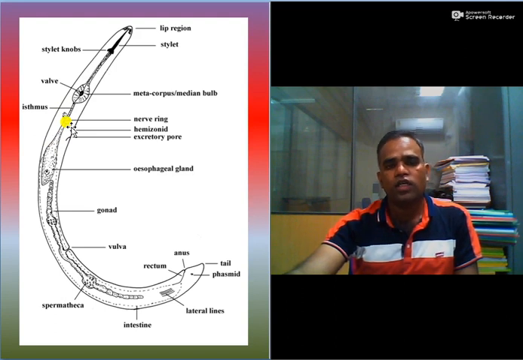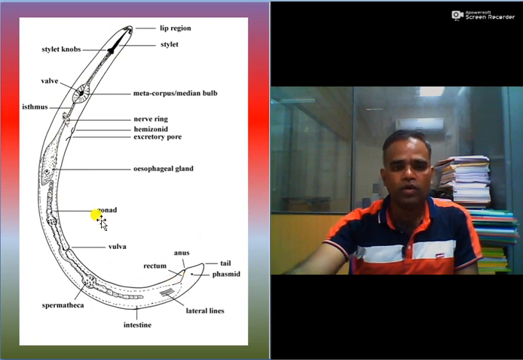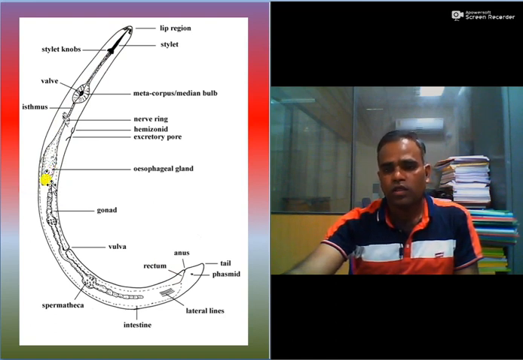It is the central nervous system from which a number of longitudinal nerves pass throughout the body of the nematode. Then below this there is the basal bulb. After the basal bulb, there is the cardia which enters into the intestine of the nematode.